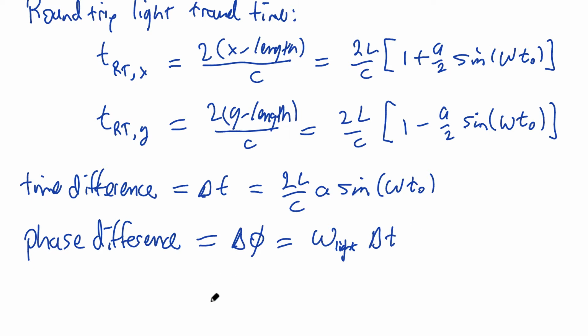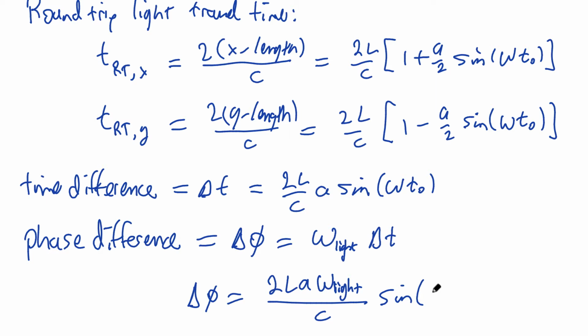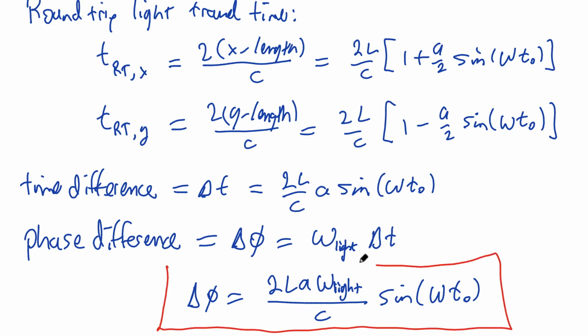So putting this all together, we find the phase difference, delta phi, is equal to 2LA times the light angular frequency divided by the speed of light times sine of omega t0. And it's important to notice, of course, that the omega here that multiplies the t0 is the angular frequency of the gravitational wave, whereas this is the angular frequency of the light wave.